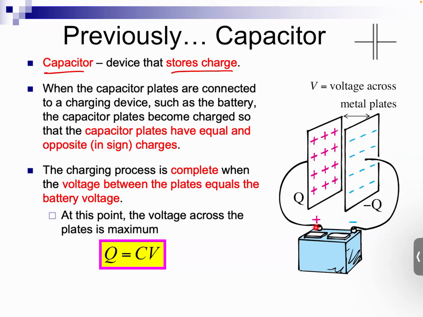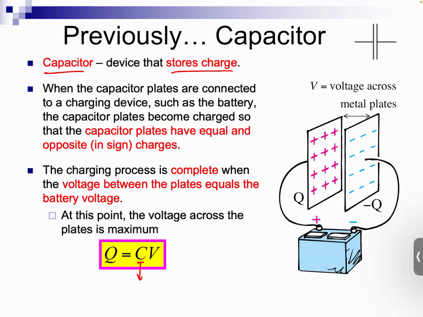If you connect the capacitor plates across a battery or a voltage source, then positive charges start to accumulate on the plate connected to the positive terminal, and negative charges start to accumulate on the plate connected to the negative terminal.